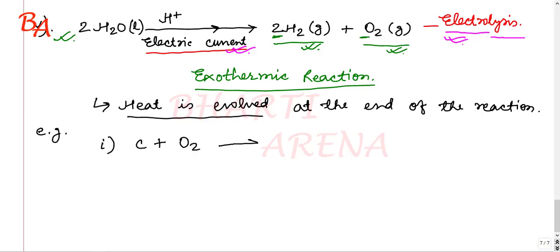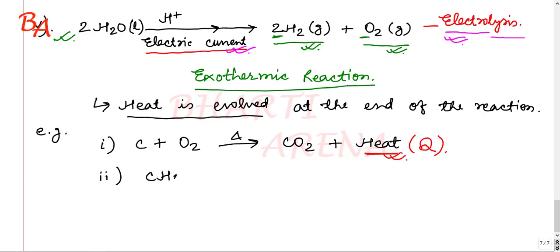Carbon, when burnt in air, produces carbon dioxide plus a huge amount of heat. This heat may be written as Q. Since this heat is released here, it is an exothermic reaction. Another example is CH4, methane.